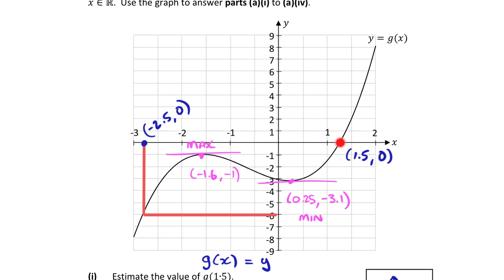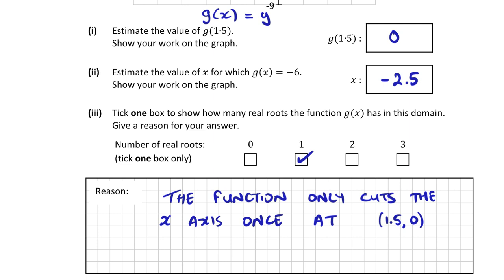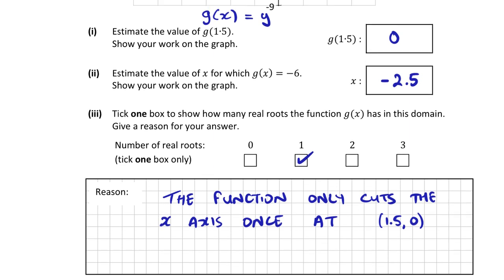Anytime we have roots, it's when a function cuts the x-axis. So a function only cuts the x-axis at one point, so that means we only have one root. So if we go back down here, we can tick 1 obviously, and we can say the function only cuts the x-axis once at minus 1.5 and 0.